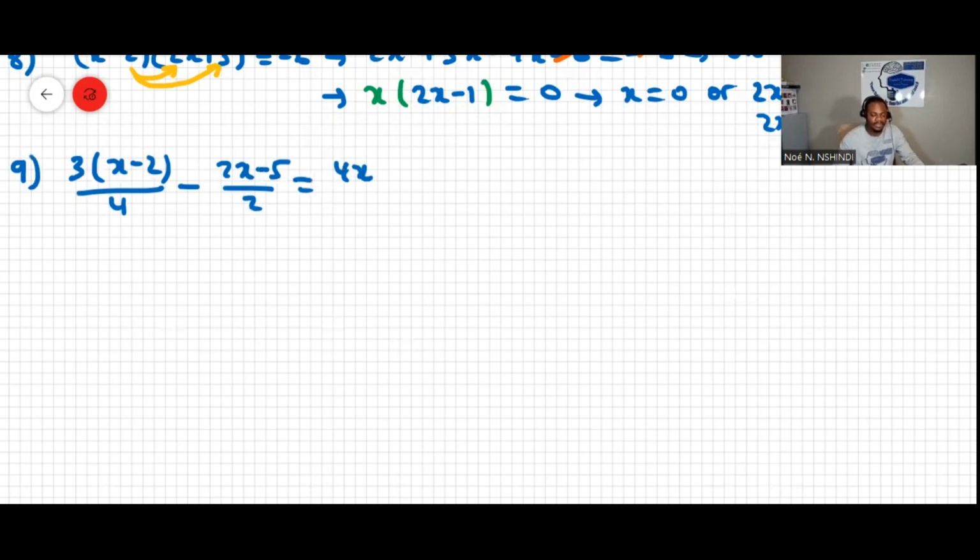There is an invisible denominator here, which is 1. So I need to find the LCM of 4, 2, and 1, which is 4.